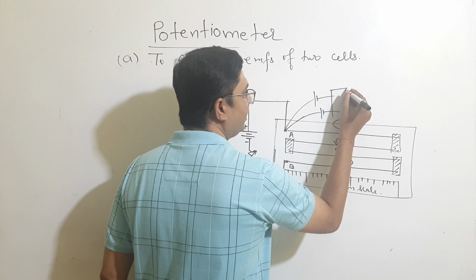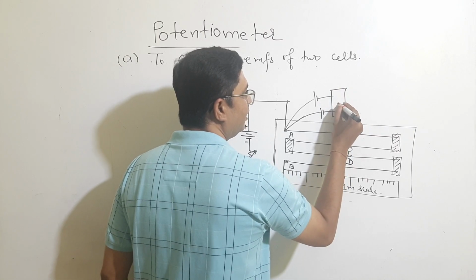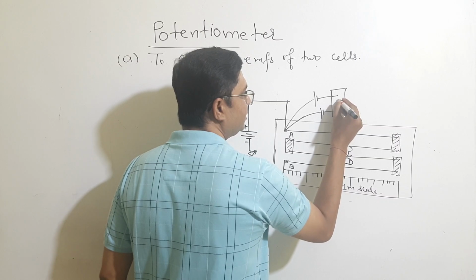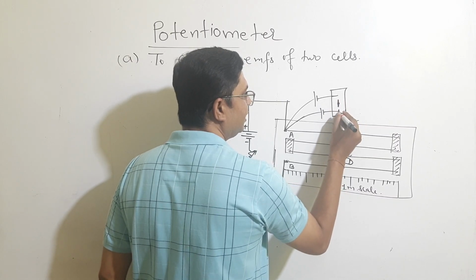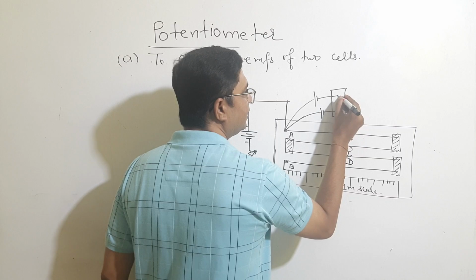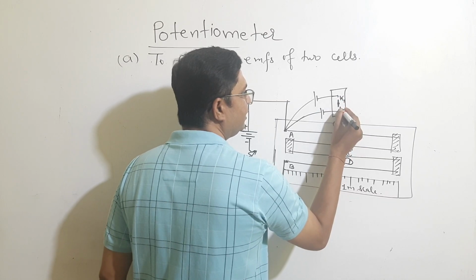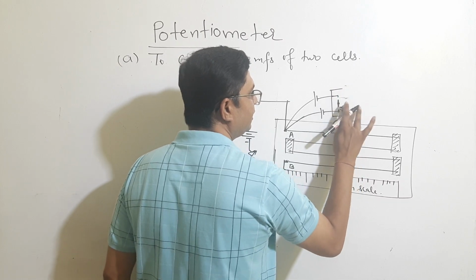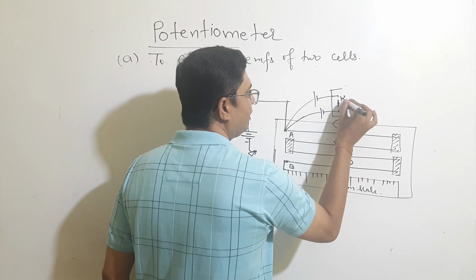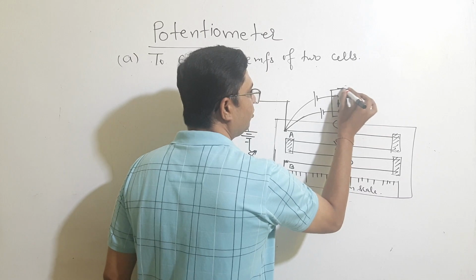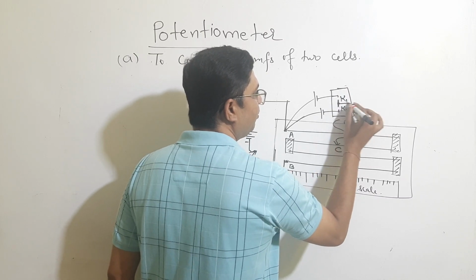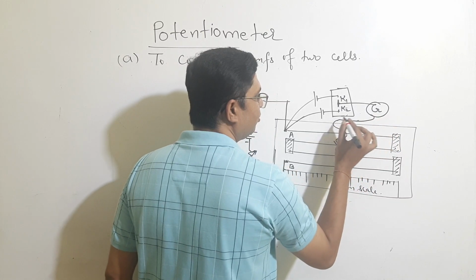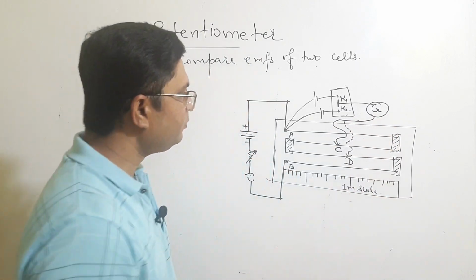These two batteries are connected with a switch, tapping switches K1 and K2. From this midpoint we take a galvanometer, which is connected to the jockey.